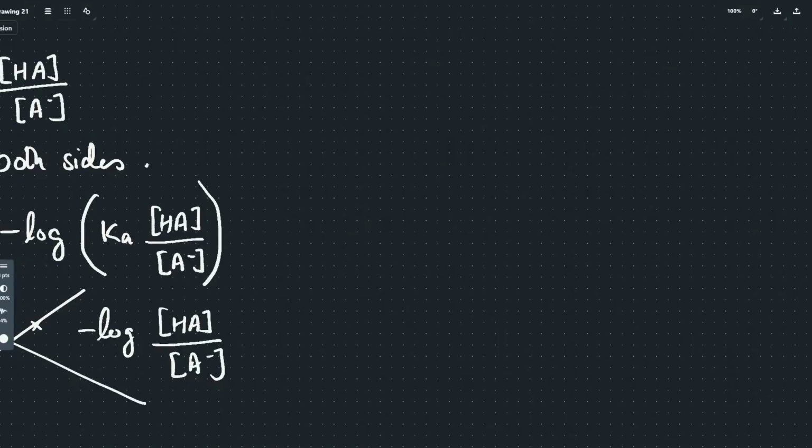I will not go again into what the log is. We have discussed it in the lecture on pH. But a very basic idea that I would like to give you here: let's suppose we have a number like this, 10 multiplied by 10 multiplied by 10. How many zeros are there? 1, 2, 3. We can multiply it like this and we can get 3 zeros.